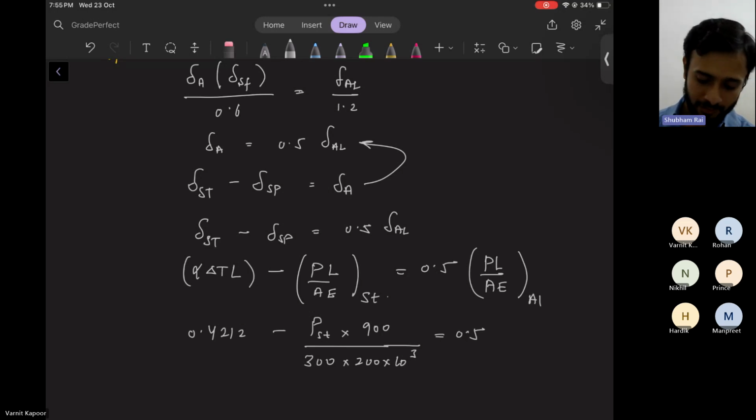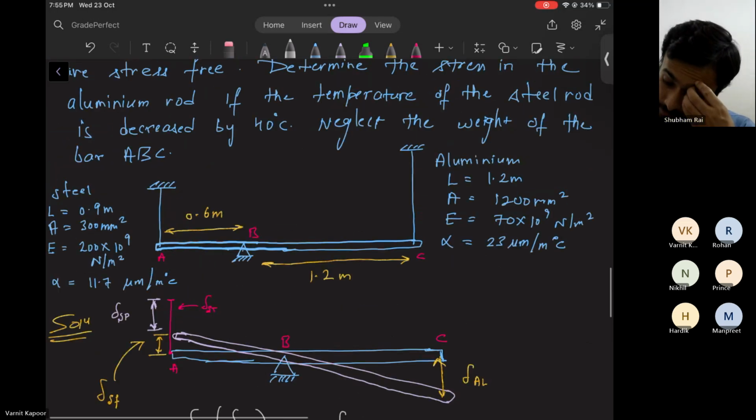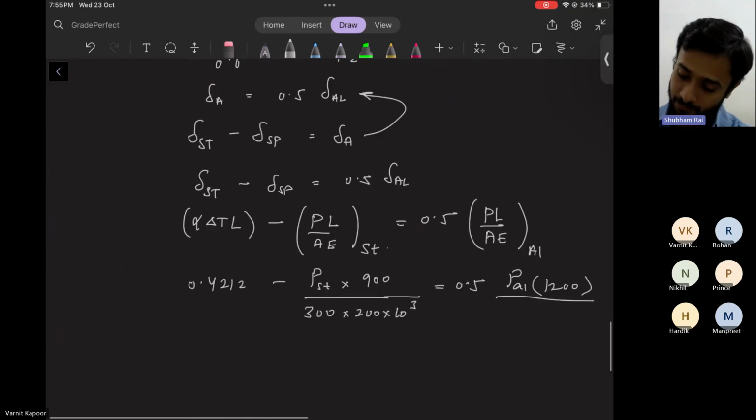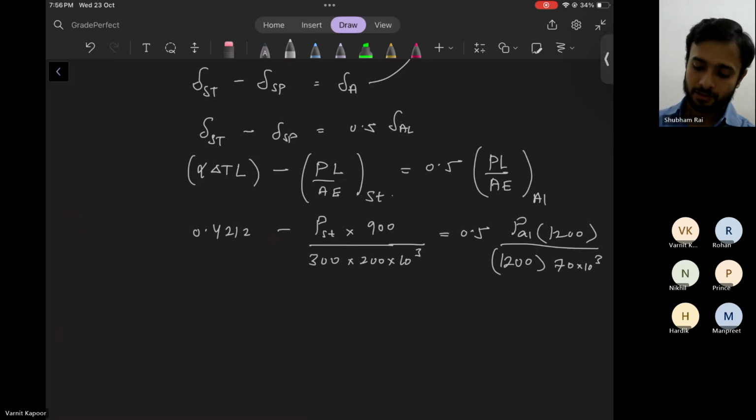So this will be equal to 0.5 times load in aluminium, PAL, times length, which is 1200 mm, divided by area. Area is also, I guess, 1200. So let's check. Yeah, so area is also 1200 mm square, and then you have 70 into 10 to the power 3 Newton per mm square that you get in aluminium.